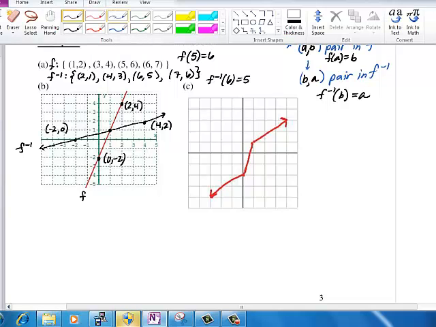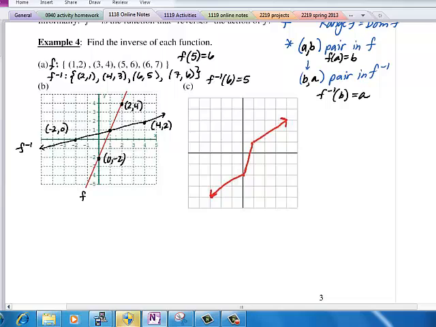Since we're just switching the x and y coordinates on the graphs, one thing that's interesting is that the graphs of f and f inverse are always symmetric across the line y equals x. Again, that's just because we're switching the x and y coordinates. So if you fold that graph in half along the line y equals x, the two sides should match up.